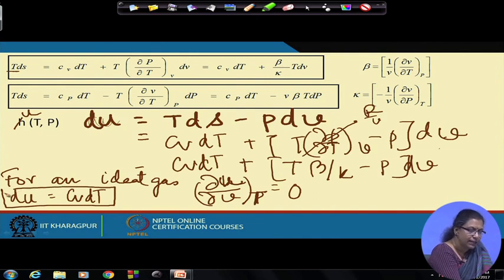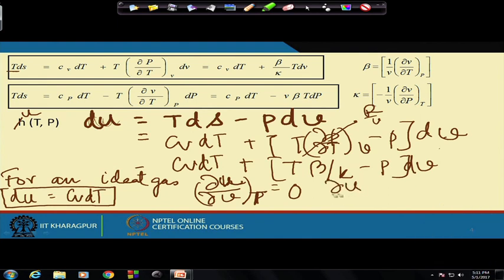You had assumed that what I was telling was correct. I could not prove that at that time. Now I show you from Maxwell's equation why for an ideal gas del U del V at constant T equals 0.